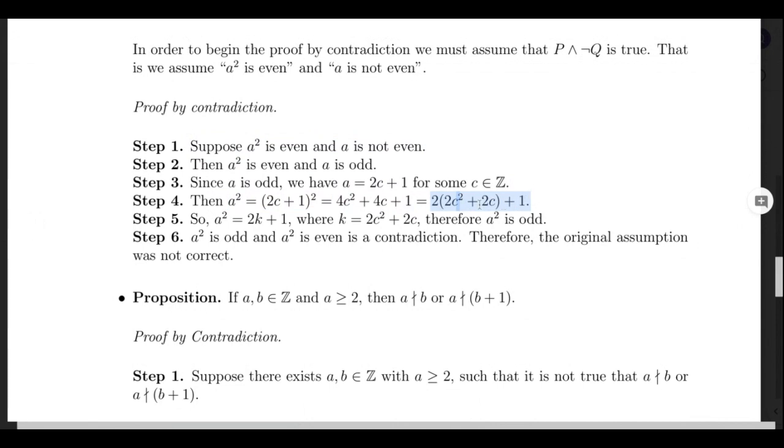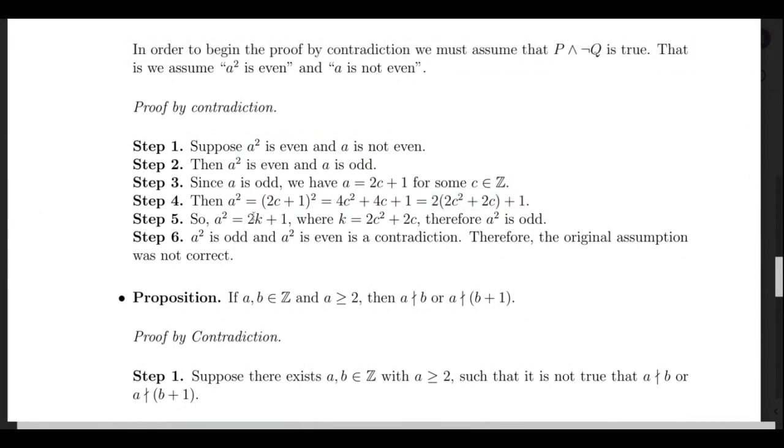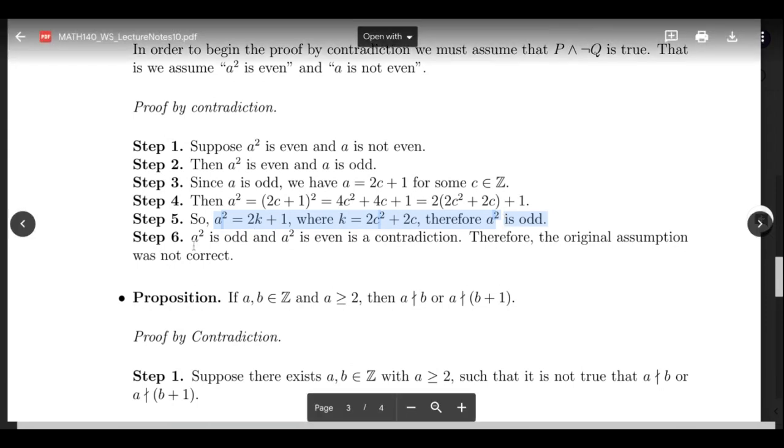What kind of form is this? So A squared can be written as 2K plus 1, where K is the expression 2C squared plus 2C. This fits the definition of an odd integer. So if A is odd, A squared is odd, right?